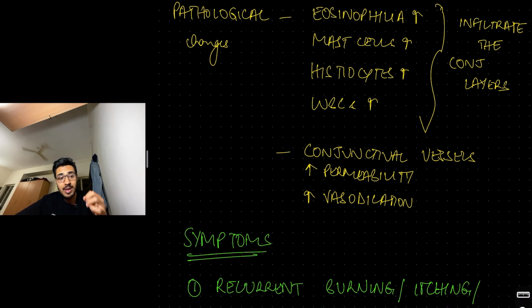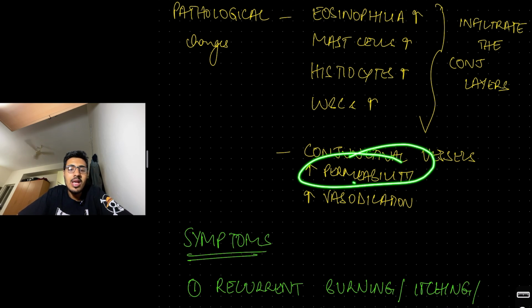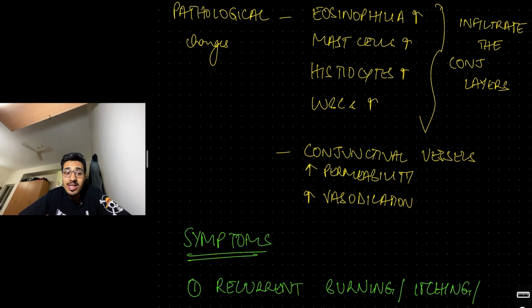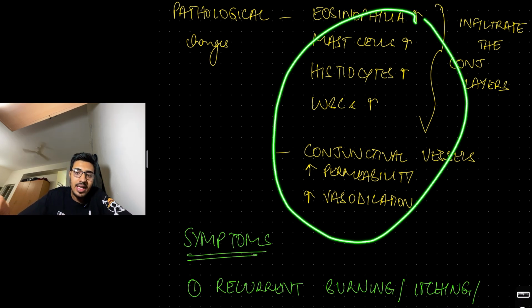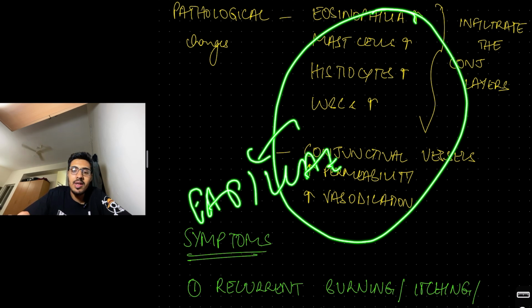Even the fibrous layer will show proliferation. And in the conjunctival vessels, because of the inflammatory mediators and the WBCs, permeability increases and there is vasodilation. These are some of the pathological changes, and these are the reasons why you have papillae. I'll come to the papillae.